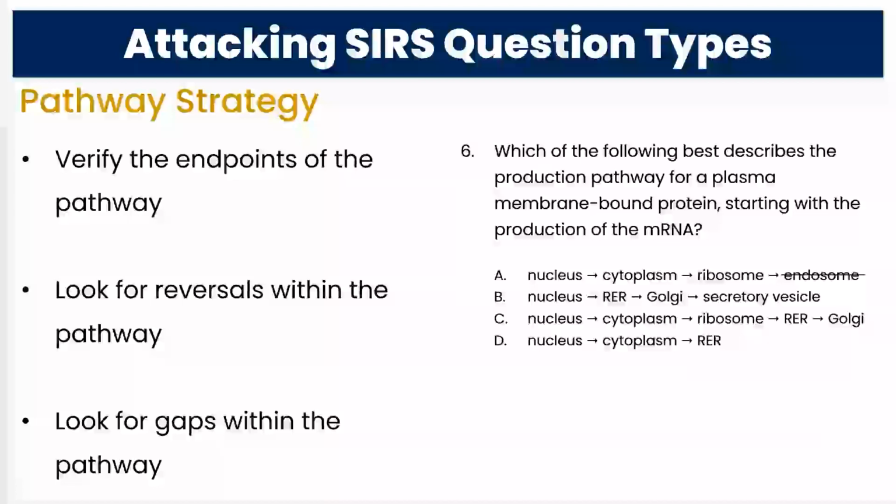Are there any just major league gaps in this pathway? We're starting with mRNA and we're making a protein. D's got some gaps. Nucleus to cytoplasm, rough ER. There's something missing between cytoplasm and rough ER. What has to happen to the mRNA before it can go to the rough ER?